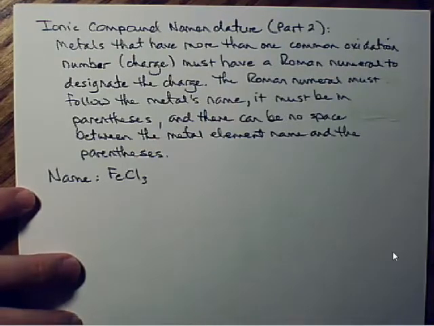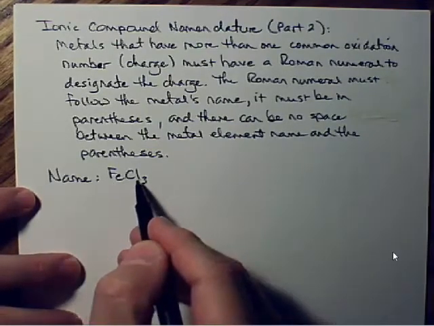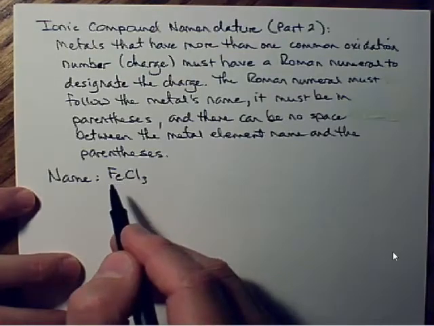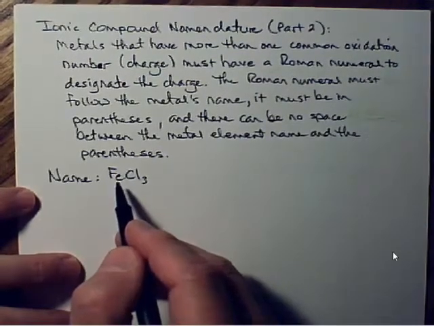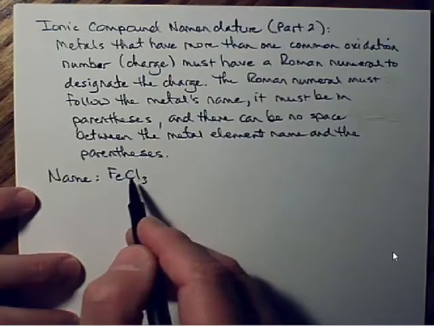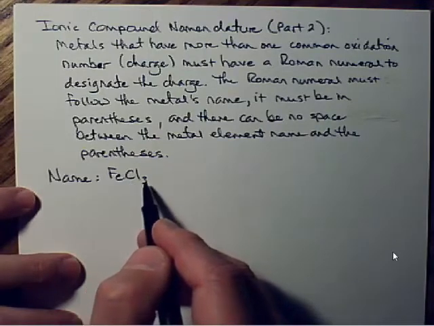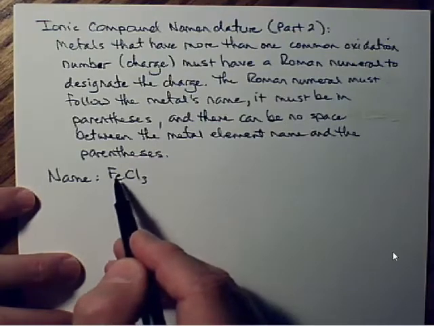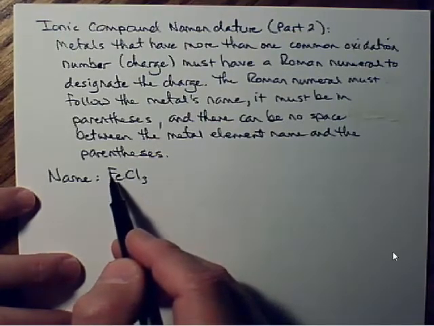The common oxidation numbers of iron are 3+ and 2+. In this case, we need to be able to figure out which oxidation or charge number this iron has. To figure that out, we're going to look at the chlorine. Chlorines have a 1 negative charge. I have 3 of them. So that this compound can be neutral, the iron must have a 3+ charge.